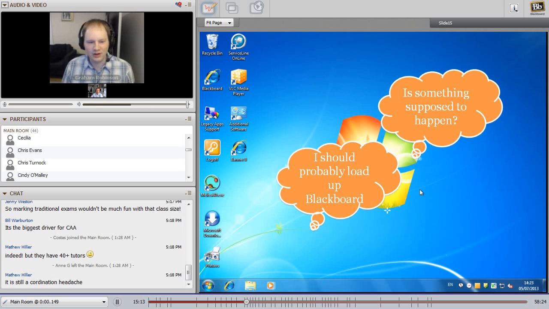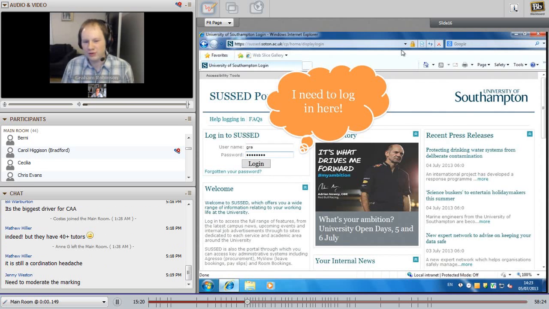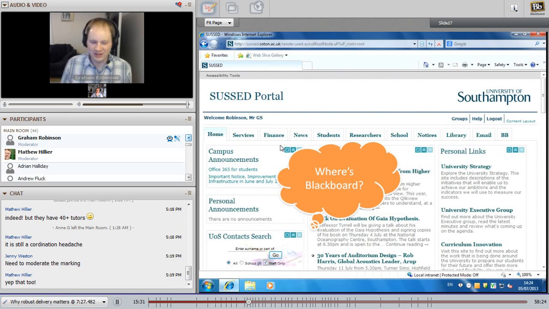Well, if this was a class, I'd probably get a Blackboard, so maybe I should get a Blackboard. So they open up Internet Explorer. You've then got the university homepage, which is this portal, so they log into that. But that didn't really get them into Blackboard, so now they have to go and find Blackboard. Well, eventually we find it.